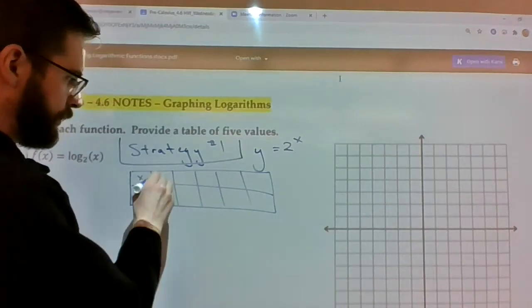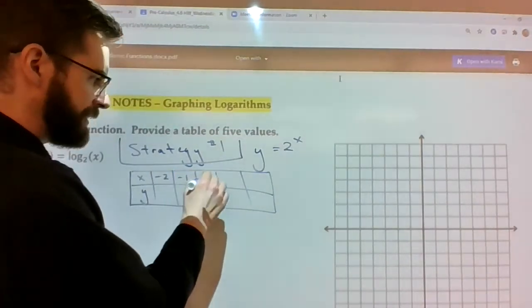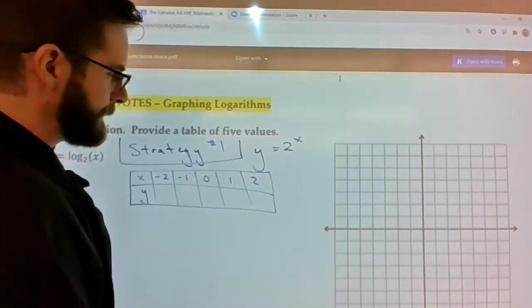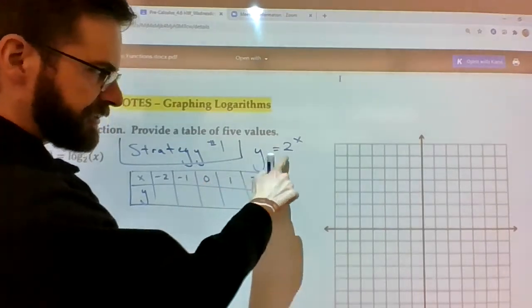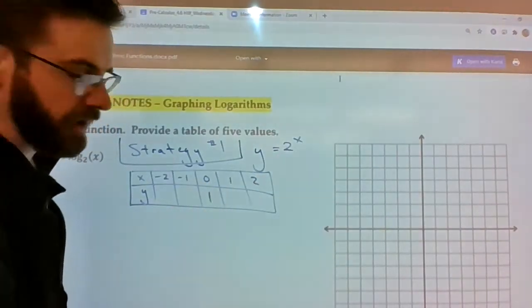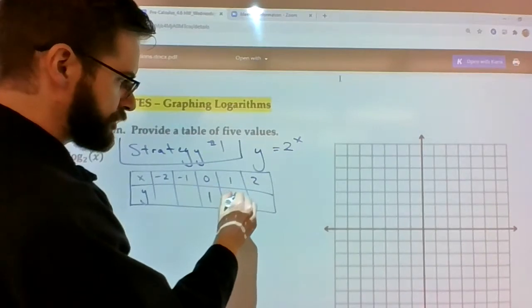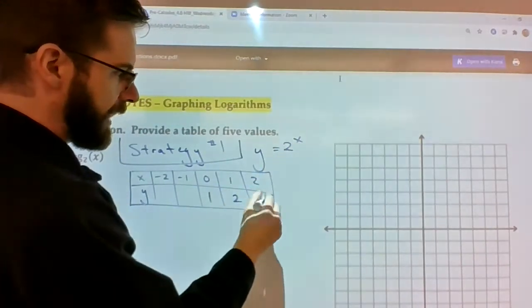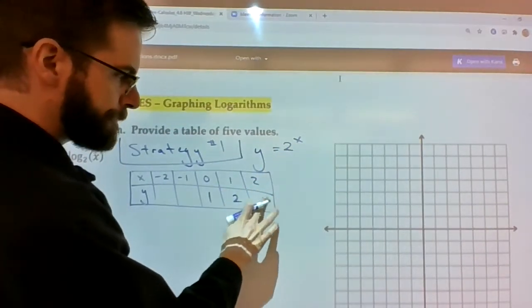So just do a regular -2, -1, 0, 1, 2 table. I just know anything to the 0 power is 1, so I'm going to start there. 2 to the 1 power is 2. 2 to the 2 power is 4.